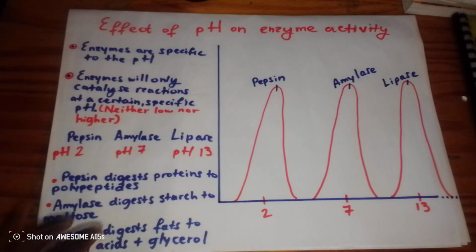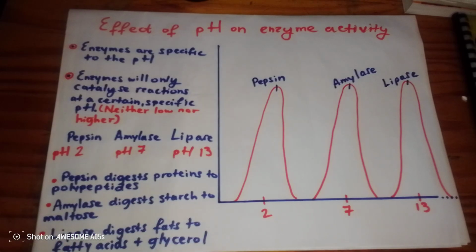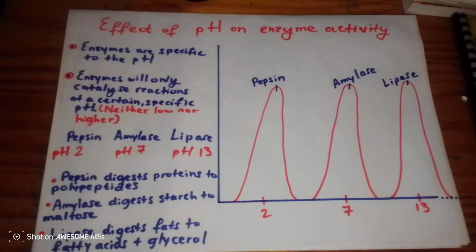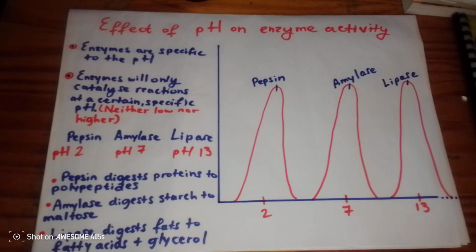Anyways, moving on. For amylase, starch is a carbohydrate, but a very complex insoluble carbohydrate, a complex sugar, broken down to maltose, which is a simple sugar. So amylase will break down this complex sugar to a simple sugar.